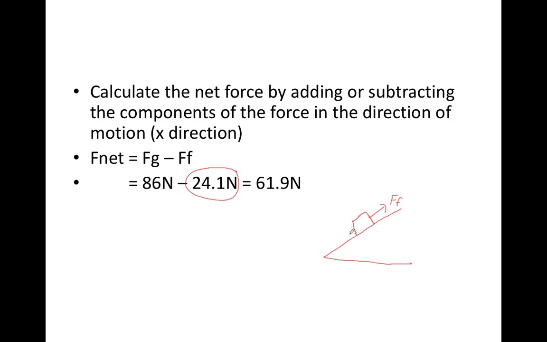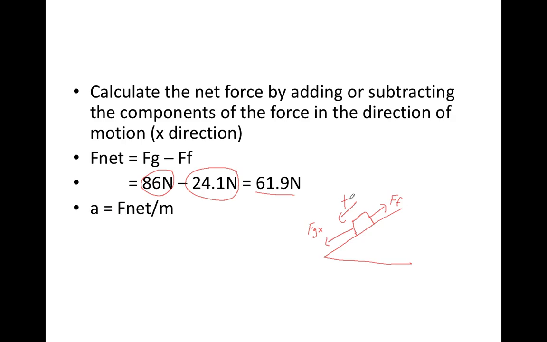And the direction of motion is being caused by the force of gravity, Fgx, which is 86 newtons. By subtracting them, we get the net force on the object. And the direction of motion in general is taken to be the positive direction. So this might be a bit different from what you're used to because the downward direction is usually negative, but in this case, down the ramp is the positive direction.